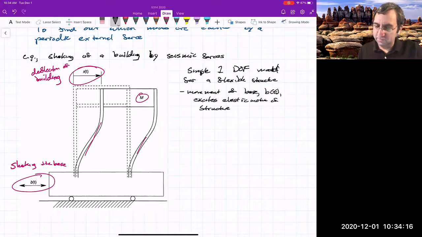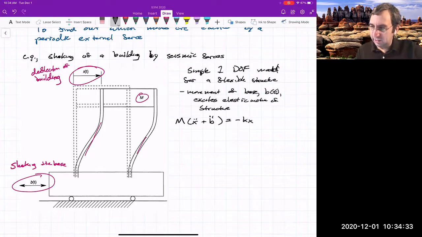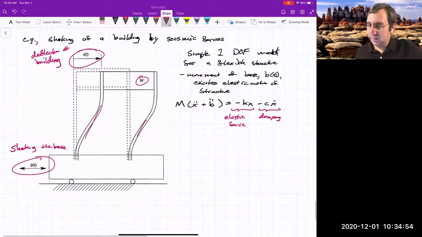Well, if we were to do a first order model, so it's just linear, you've got this mass m times x double dot plus b double dot equals, we've got this part that has to do with the elasticity, and then a part that has to do with damping. So this negative kx is just a restoring elastic force. And then this is a damping. Damping is always present in the real world. We'll just assume it's linear damping.